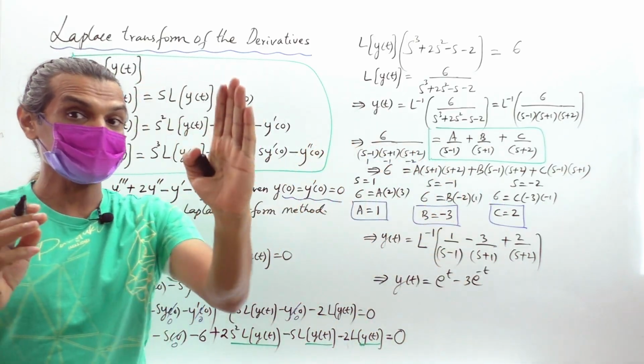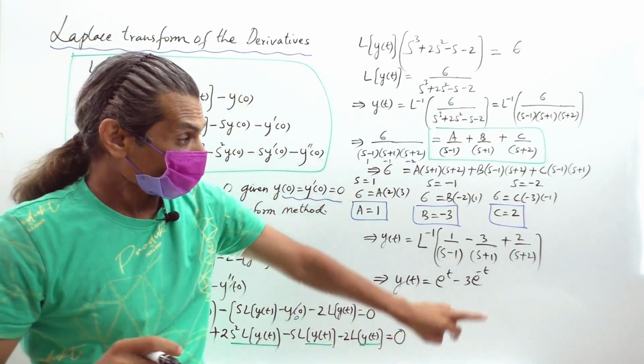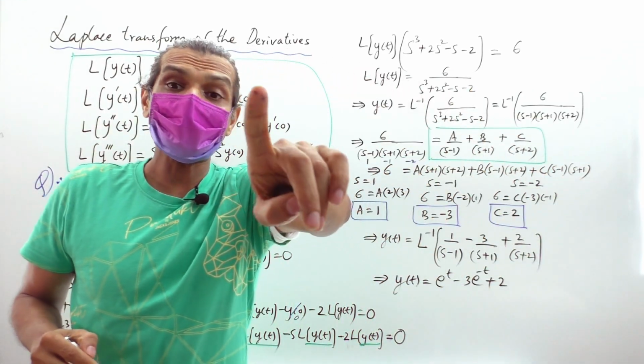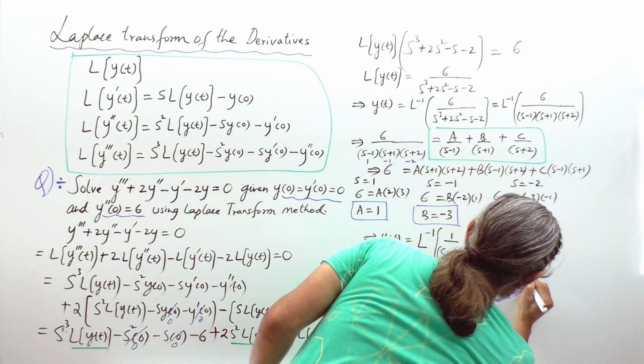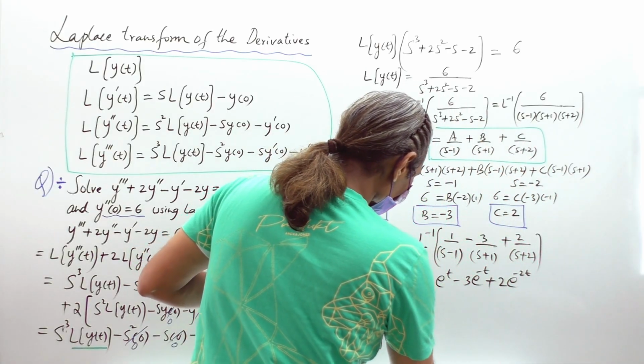Are you getting it? Lastly, plus 2 into Laplace inverse of 1 by s plus a, again e raised to minus at. What is a? 2. So e raised to minus 2t. That's all. So we have the beautiful solution here.